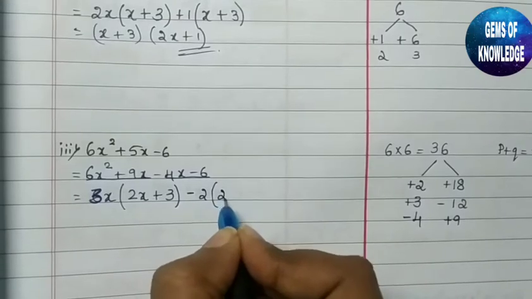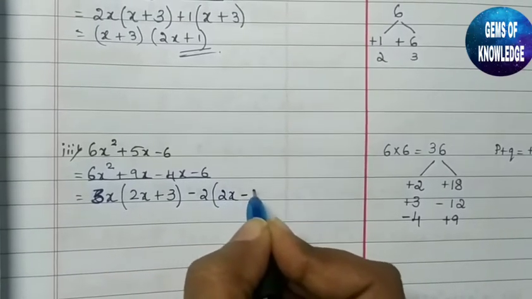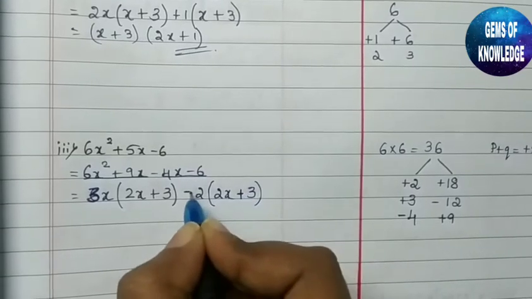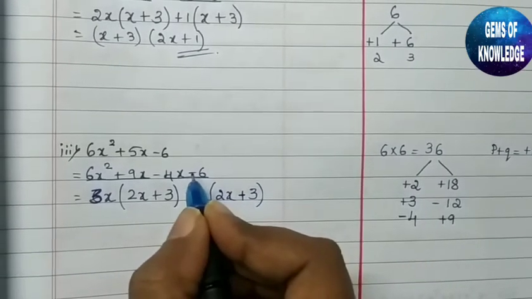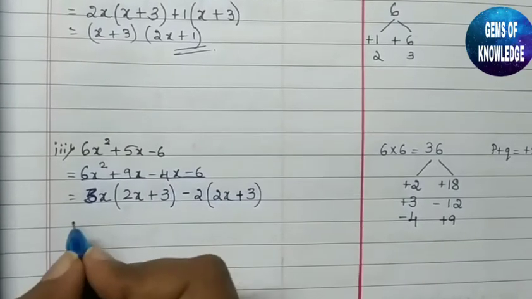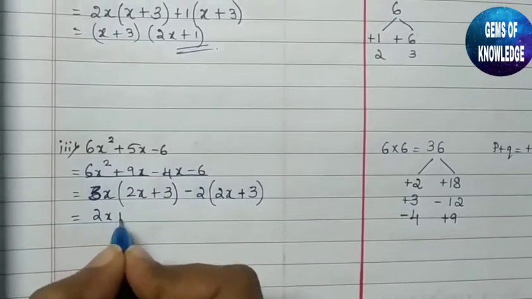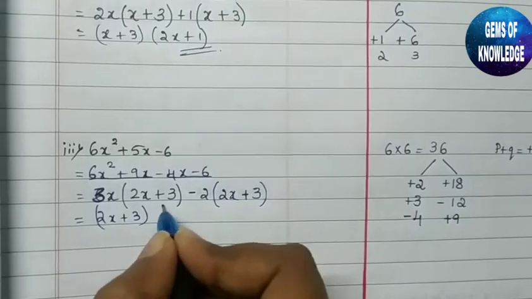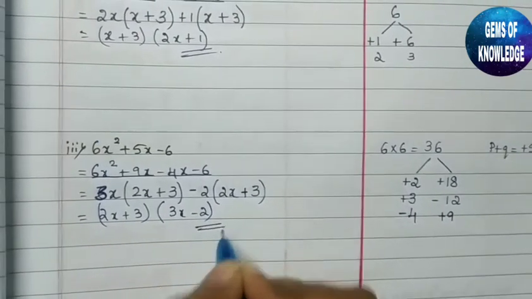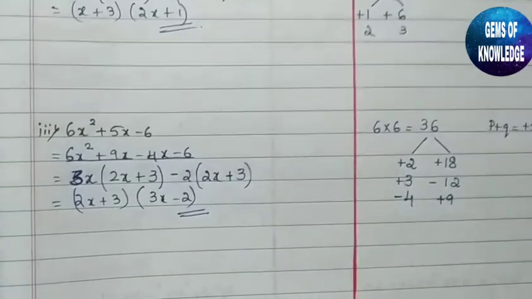And what will be remaining? 2x minus 3. So not minus, here it will be plus, because minus into plus we are going to get minus. Okay, so you can see both the things are similar over here. So 2x plus 3, one term, and one more term will be 3x minus 2. So these are the two terms here.